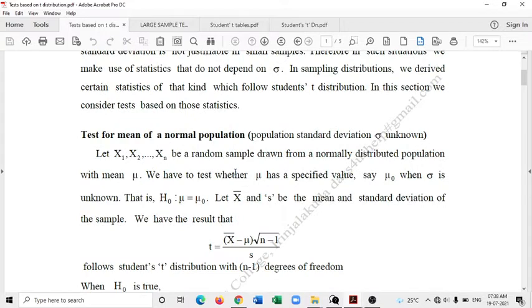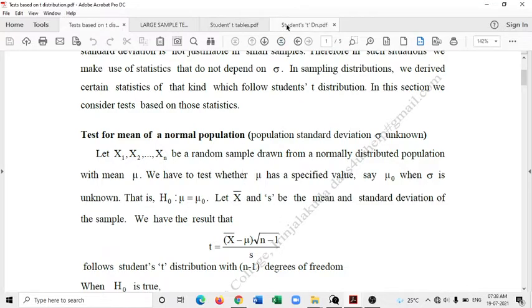So here we have a sample taken from a population following normal distribution, and x1, x2, etc., xn represent the variables drawn into the sample. We take x bar as the sample mean and s as the standard deviation of the sample.